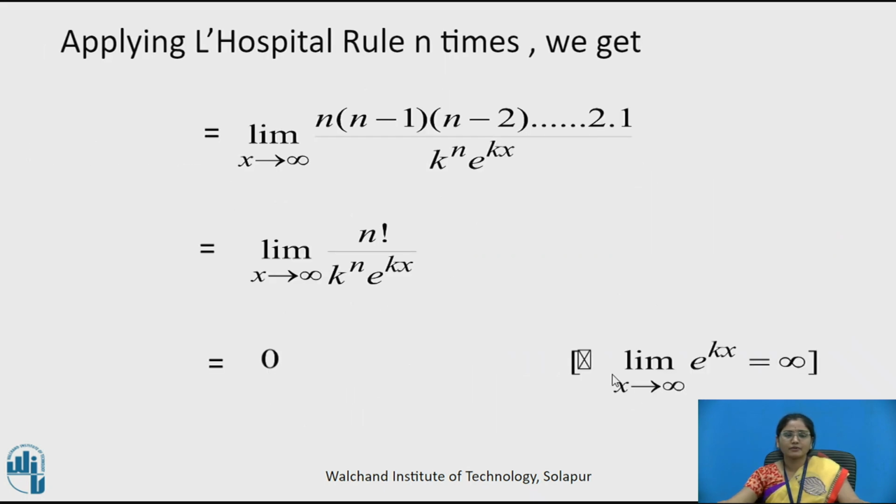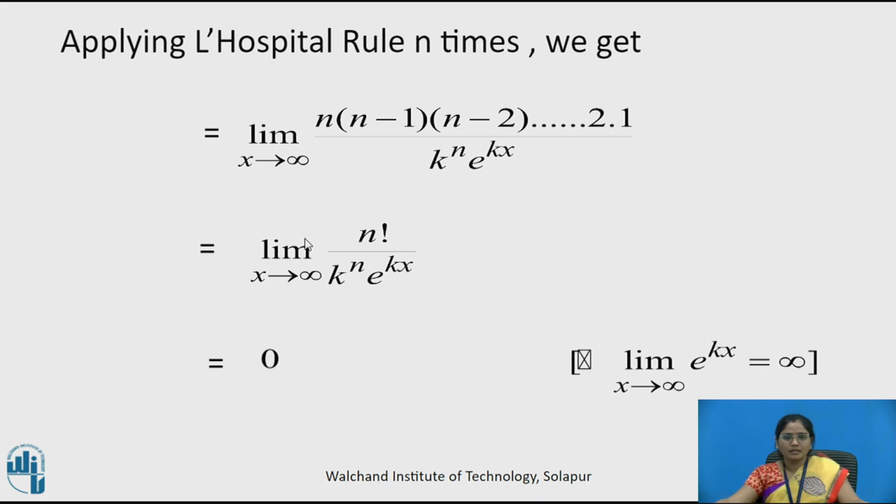So, if you apply this rule n times, you will be getting limit x tends to infinity n into n minus 1 into n minus 2 into dot dot dot 2 into 1 upon k raised to n e raised to kx.